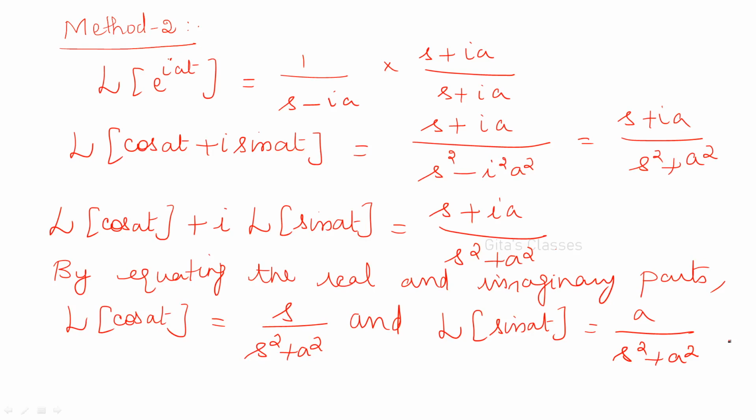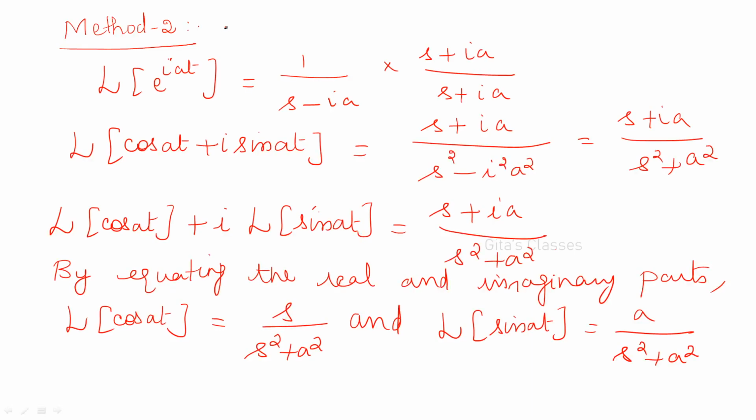So both together we can find out. Whichever method you feel easier, you can apply that and find the Laplace transform of sin at and cos at. So L of sin at is a by s squared plus a squared, and L of cos at is s by s squared plus a squared.